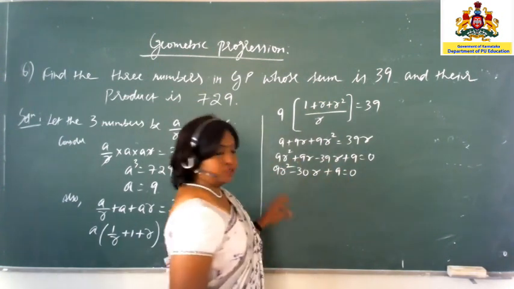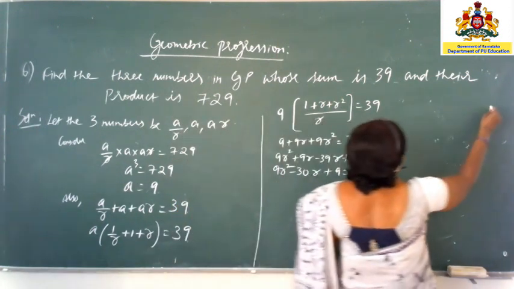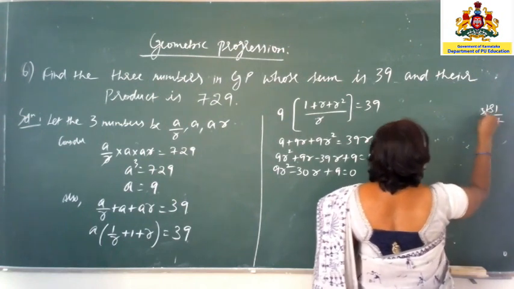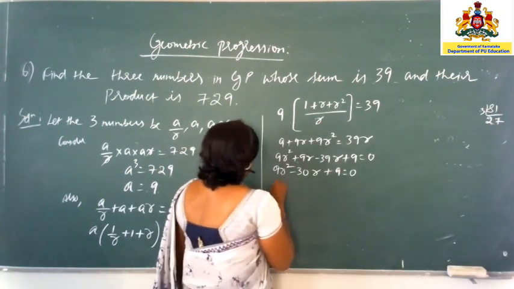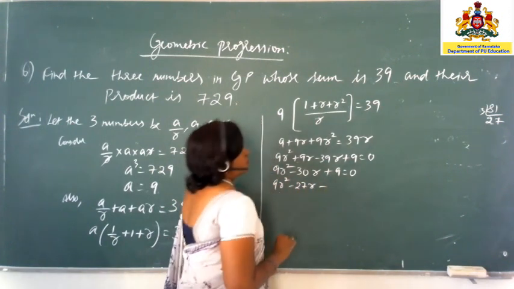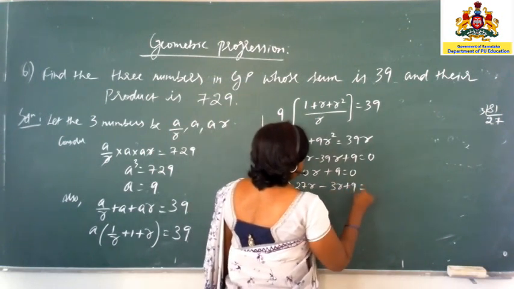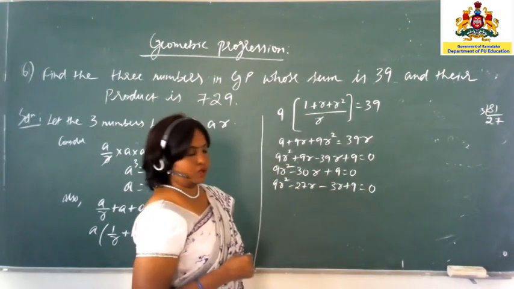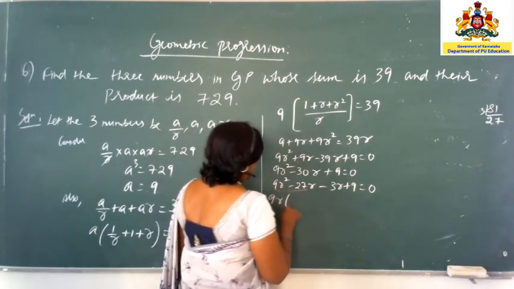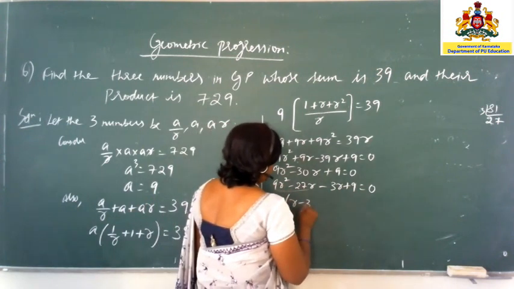So factorize this quadratic equation. So 9 into 9, 81. So 27, 3. So 9R square minus 27R minus 3R plus 9 is equal to 0. So from these two, 9R I can take out, so you'll be left with R minus 3.